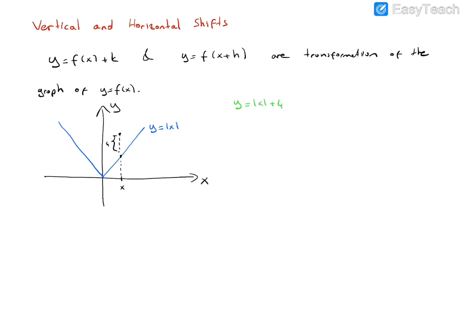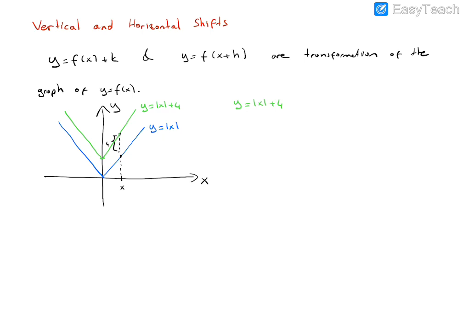So this is our graph: y equals absolute value of x plus 4. The graph of y equals absolute value of x plus 4 is the same as the graph of y equals absolute value of x shifted upward 4 units.